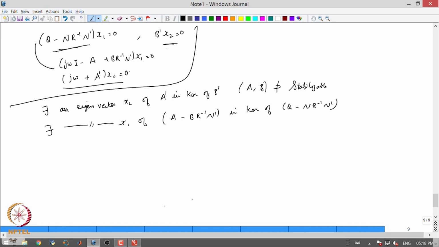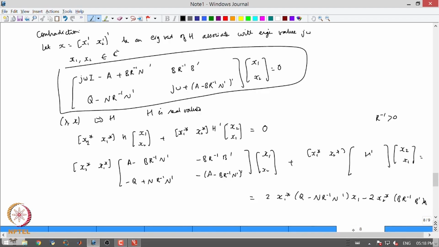The first one was these two, the second one was these two. This means that the pair A minus B R inverse N prime, Q minus N R inverse N prime is not detectable.